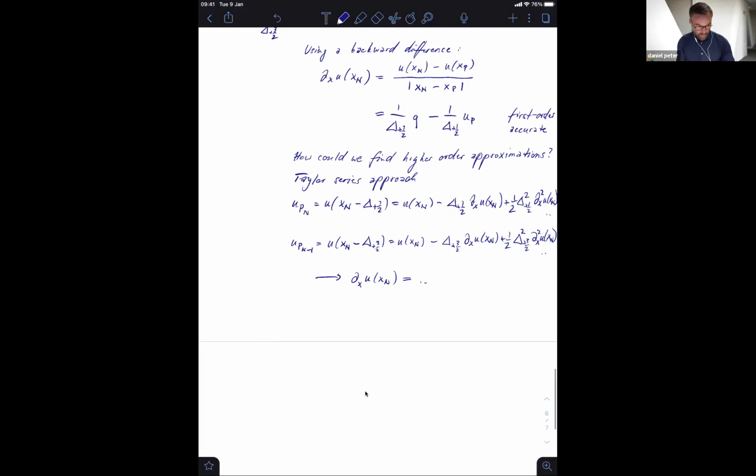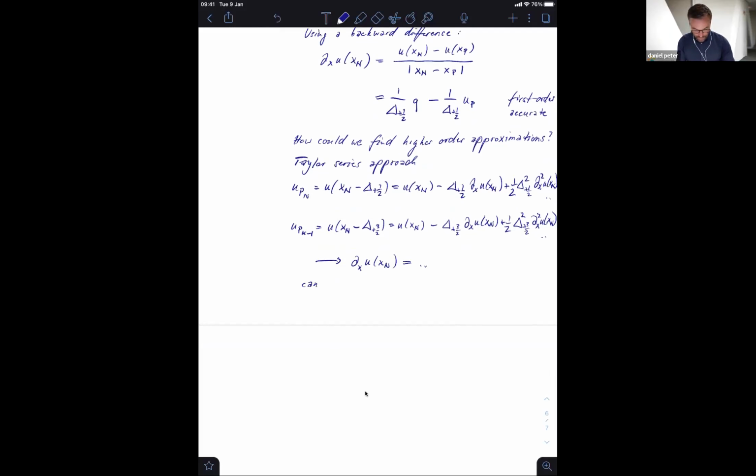So you would try and cancel out the second order term. And then basically have something that has a value at U Xn with a factor A, plus a factor B times U Pn, plus a factor C times the value at Pn minus 1.